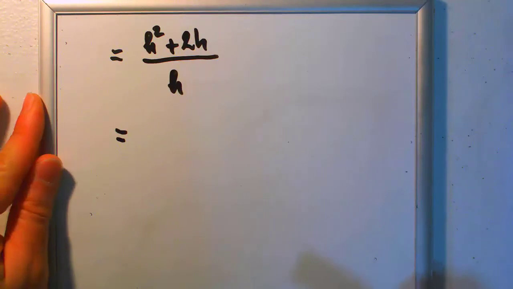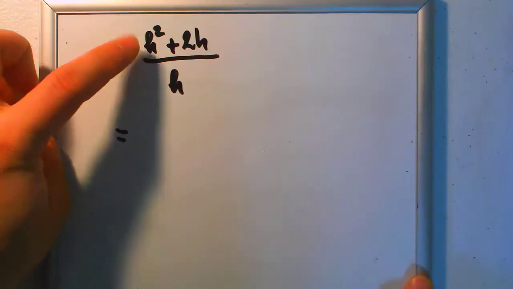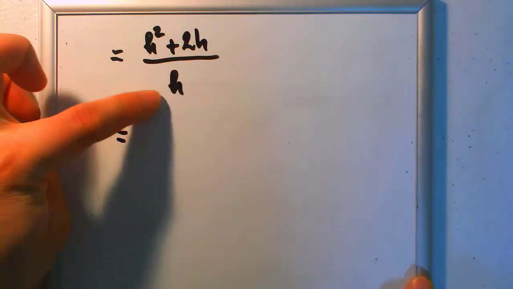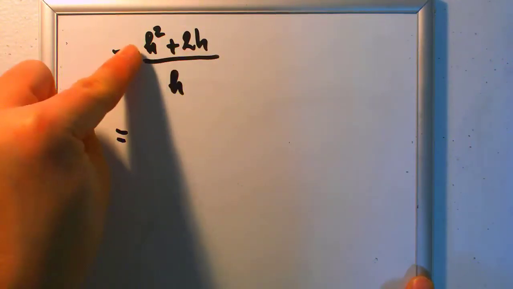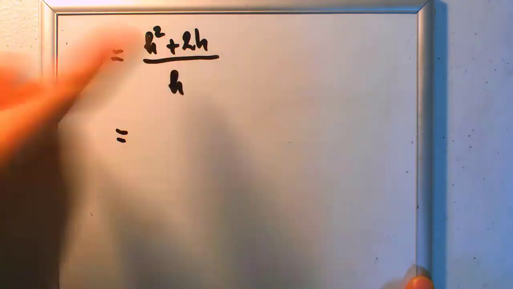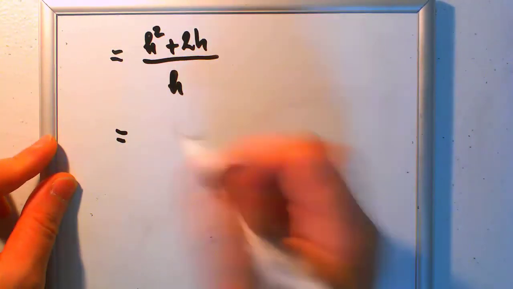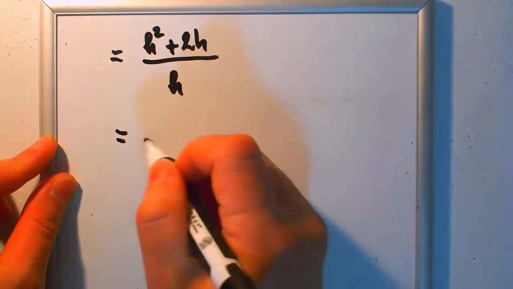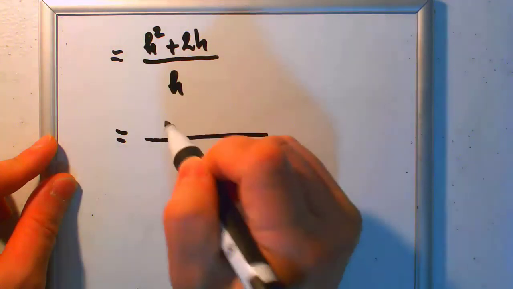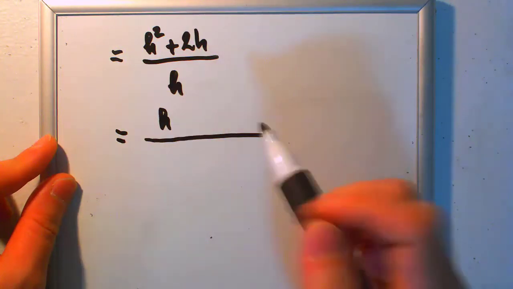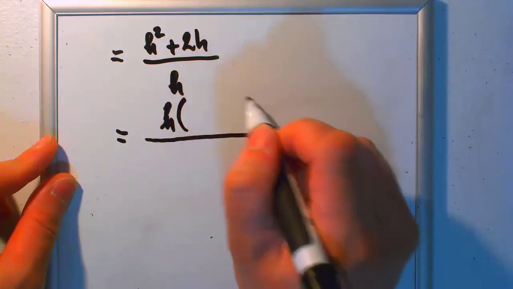So to simplify further, h squared plus 2h over h. Notice that we have a common factor h here in both of my terms in the numerator. Therefore, I'm going to go ahead and factor out the common factor h in my numerator, and that would consequently give me h in parentheses.